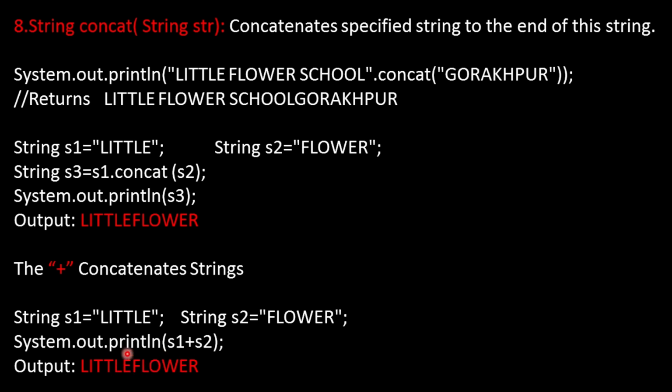So either you use this plus symbol or you can use the concat function. Both will return the same thing. That means the first string will be added to the second string. The return type is string. The other functions related to the string will be discussed in the next video.